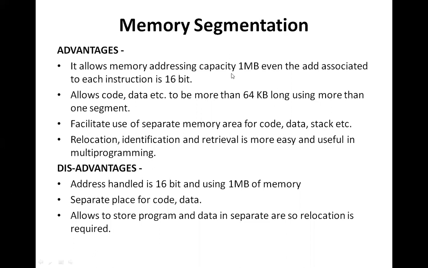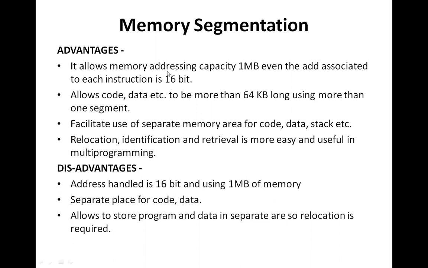So we are working with a memory capacity of 1 megabyte. But doing segmentation allows the address associated with each instruction to be 16-bit. Because if we divide the memory into segments, and each segment is 64 kilobytes, only 16-bit addressing will be required.